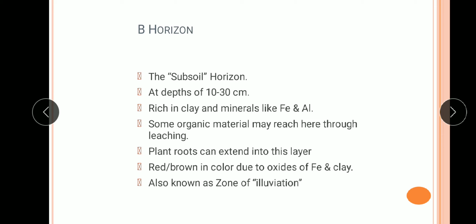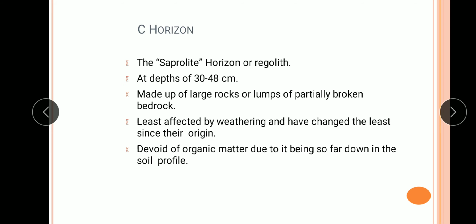The plant roots can extend into this layer. It is red-brown in color due to oxides of iron and clay content. It is also called the zone of illuviation.